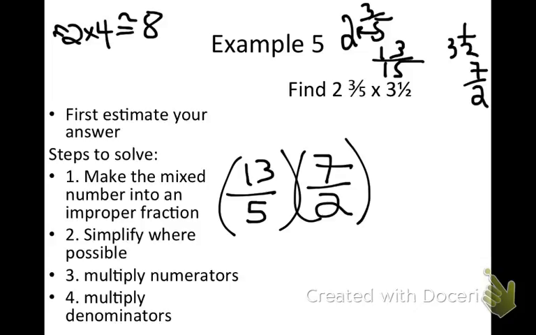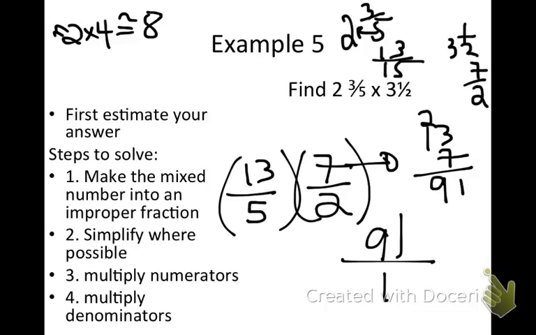Do you see any way that you can simplify that? Are there any common factors here? I don't see any. So I'm going to have to take 13 times 7. 7 times 3 is 21, carry the 2, so it's 91. So my numerator is 91, and 5 times 2 is 10. But again, that's an improper fraction. I know 10 can go into 91 9 times, and I have a remainder of 1/10. So 9 1/10 is my final answer.